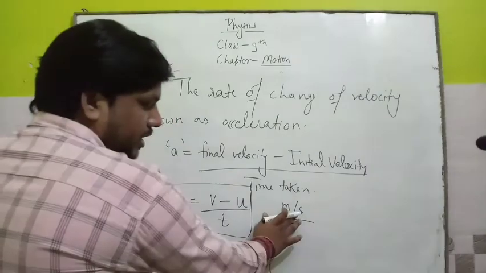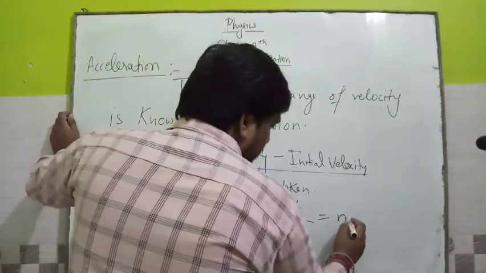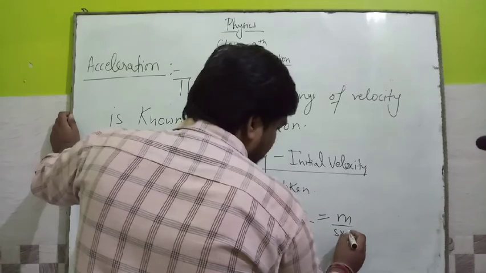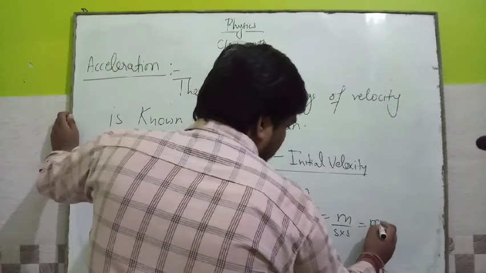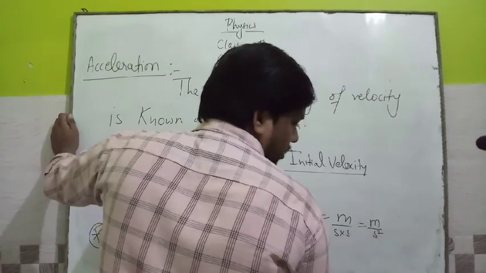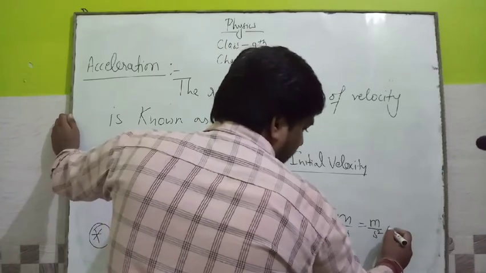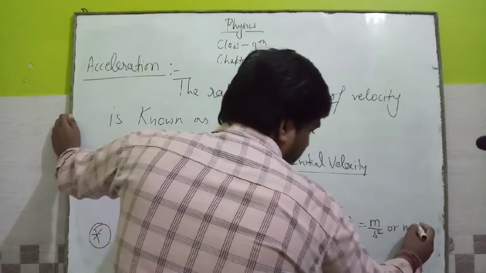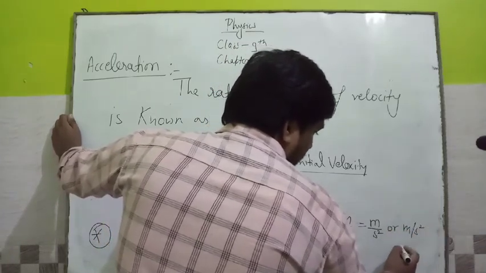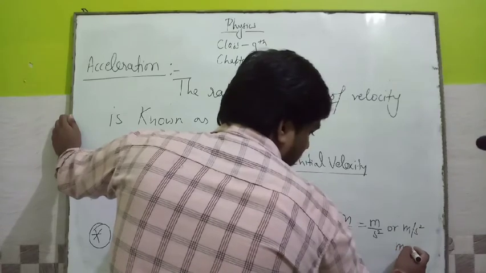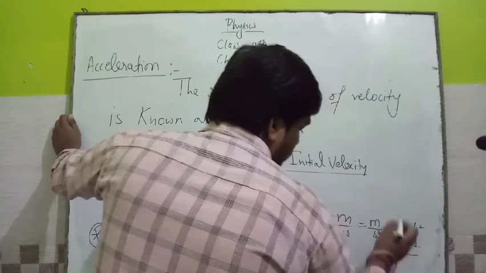So you can write m upon second into second, and you get meter per second square, or you can write it as meter second power minus 2. Clear?